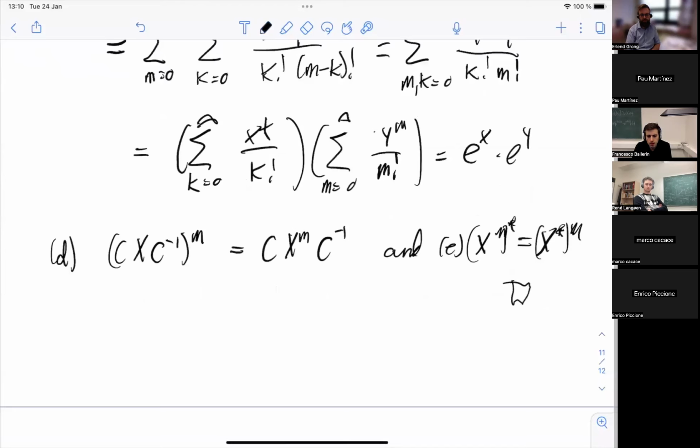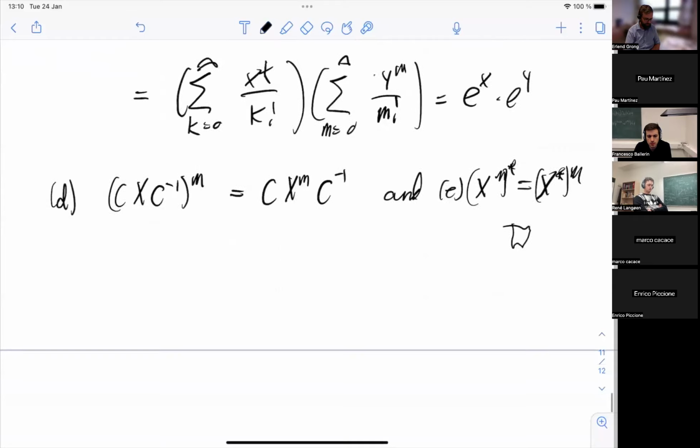So in the end, we end up with a matrix exponential that's defined for all kinds of matrices.